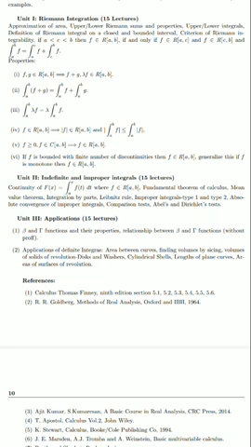Applications of definite integrals: area between curves, finding volumes by slicing, volume of solid of revolution by disks, whereas cylindrical shells, length of plane curve, area of surface of revolution.